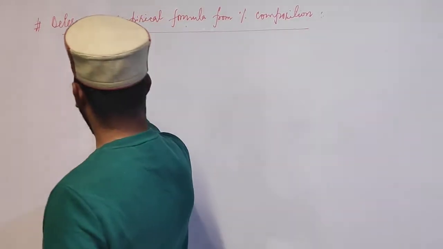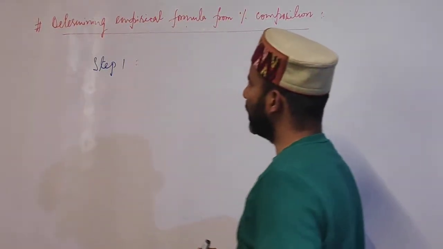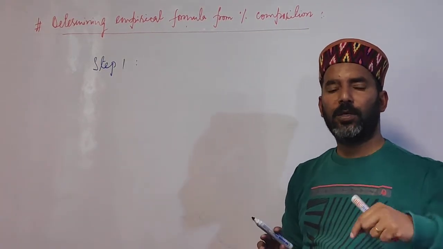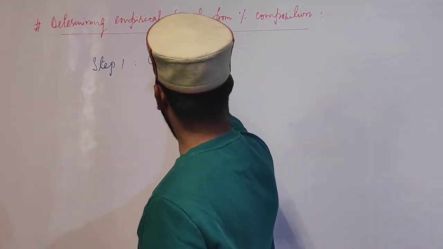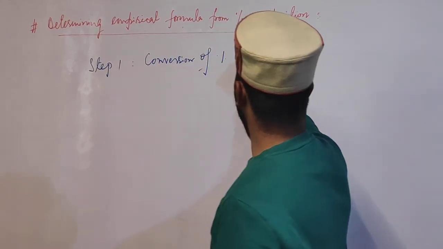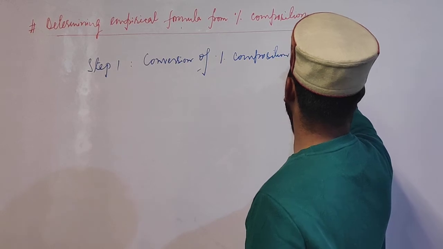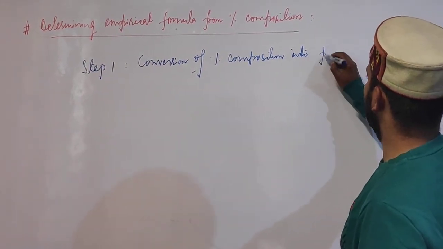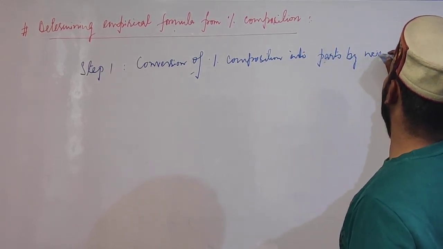Now, the step 1 is that we convert percentage composition into what? Percentage by weight. So first step is conversion of percentage composition of all the elements into what? Parts by weight. Into parts by weight. Means हम उसको grams में consider कर लेंगे.